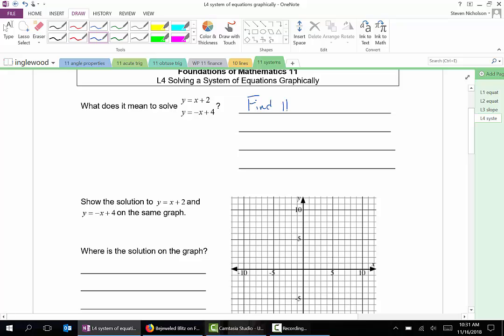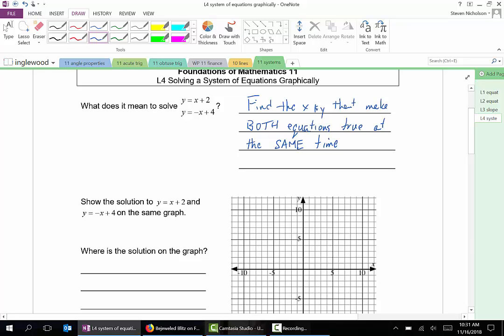You're trying to find the x and y that make both equations, both relations, true at the same time. So it's just a little bit different than solving a single relation.